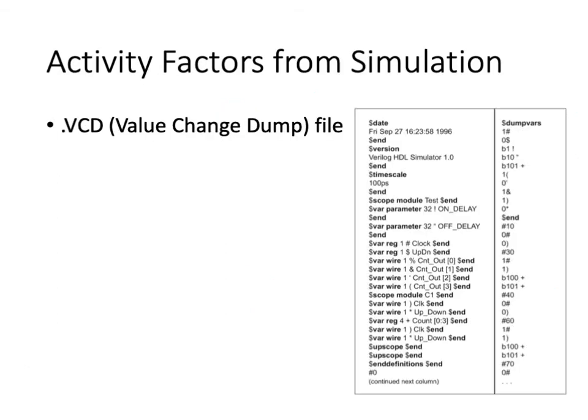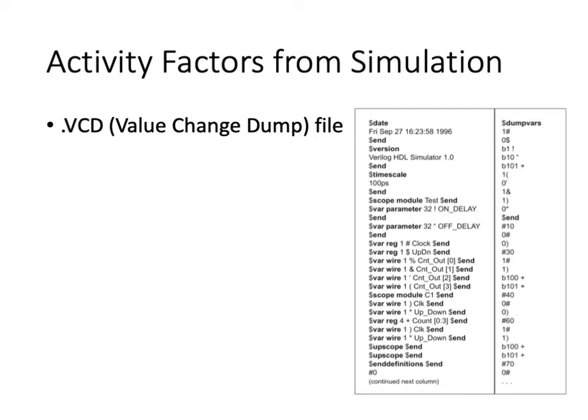Let us now ask how we can obtain the toggle rate, the switching activity, from simulation. So taking the post place and route Verilog model, which is a Verilog netlist, and running the same simulation test bench or test setup on it, you can obtain the change in signal values for each and every net, wire or register under consideration.